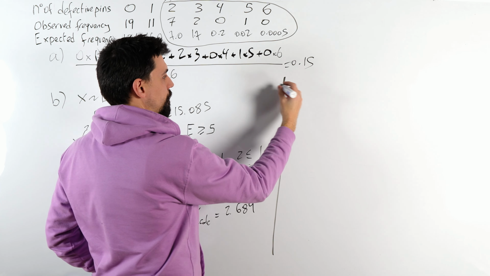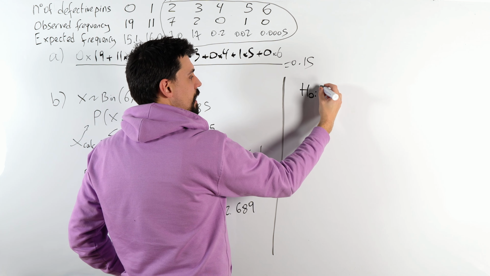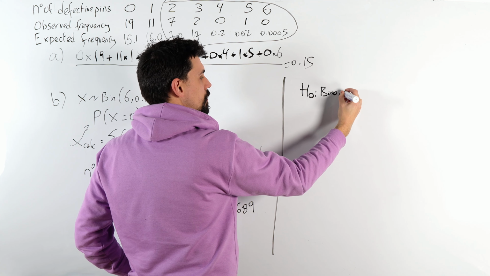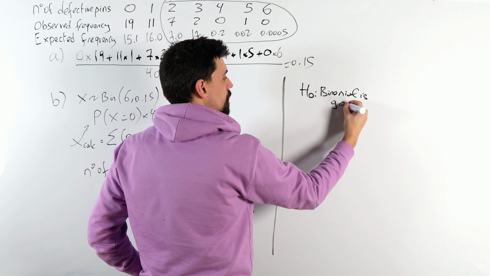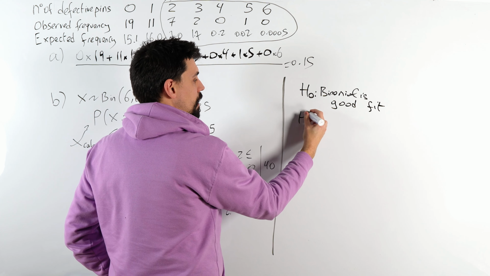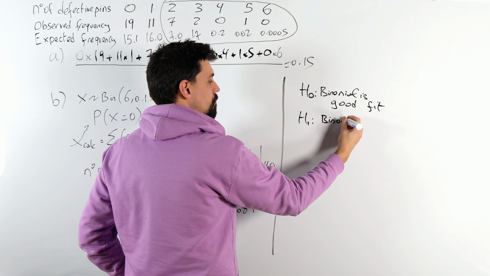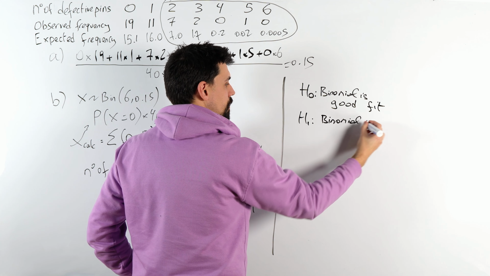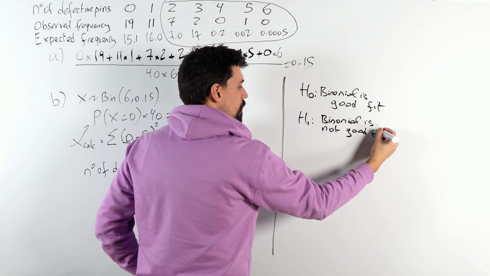Our null hypothesis is that the binomial is a good fit. Our alternate hypothesis is, funnily enough, that it is not a good fit.